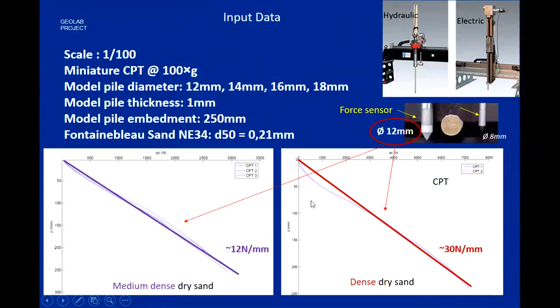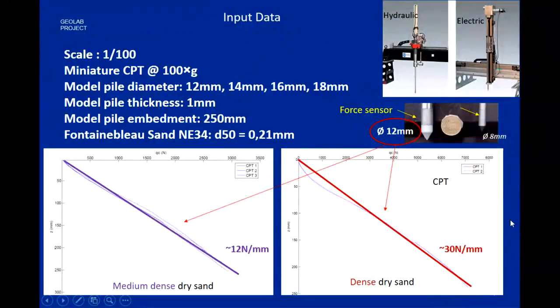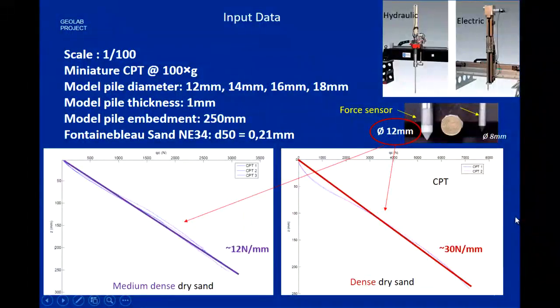It's not totally linear. We have more or less linear behavior, but as an engineer and researcher, sometimes we have to make simple assumptions to start. And we start with this assumption of 30 Newton per millimeter for the CPT. Okay, do you follow me?